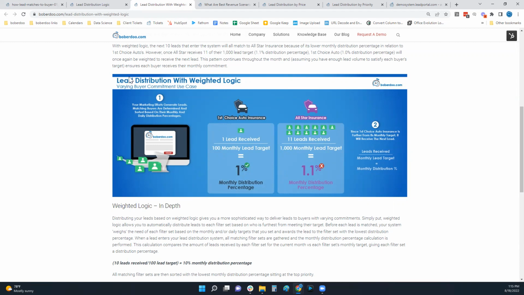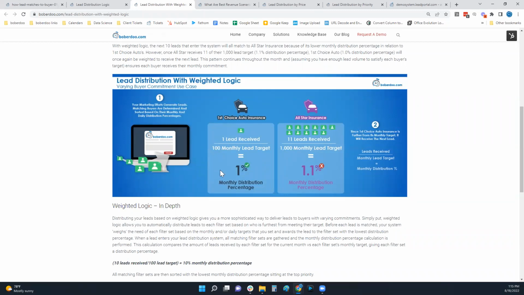Now, what this means is if we look back at that infographic, if we play out a handful of leads here, lead 1 comes in and goes to All-Star Insurance. We calculate their distribution percentage, in this case of being 1 divided by 1,000. The next lead comes in, first choice is at 0, and All-Star is at something greater than 0 for the monthly distribution percentage. So the next lead then goes to first choice.